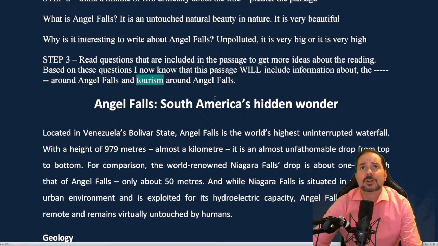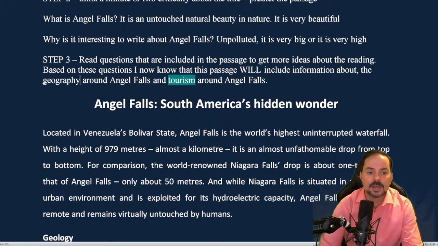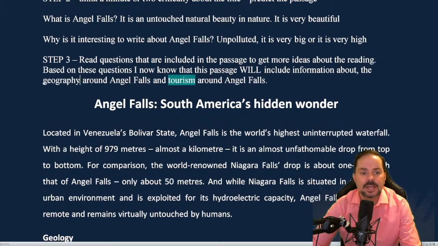Yeah, Farid, very good. So Farid Massoud says it was clear that there's going to be a lot about the geography, how it formed, when it was formed. Geography is the study of land features. So studying oceans is oceanography.